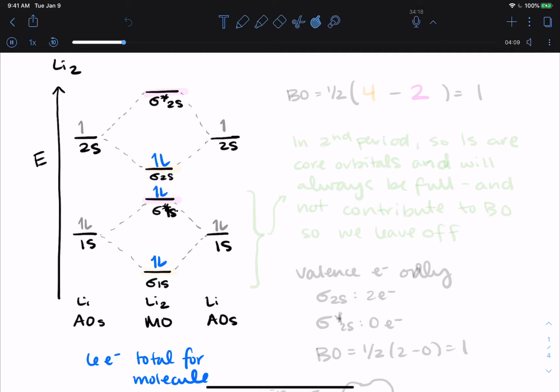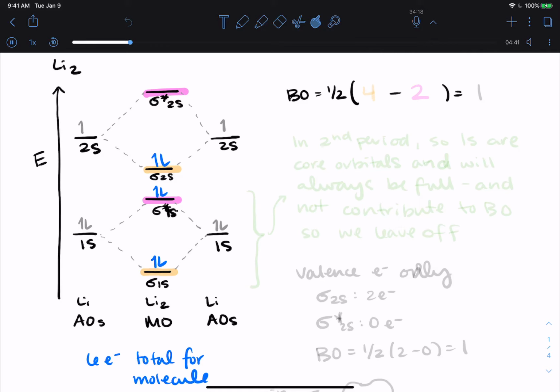I'm going to stop color coding these, but you are always welcome to do so in your notes to help you keep track of things. So I lied. I'm going to color code these. Bonding electrons, sigma 1s, sigma 2s. Anti-bonding, sigma star 1s, sigma star 2s. There we go.